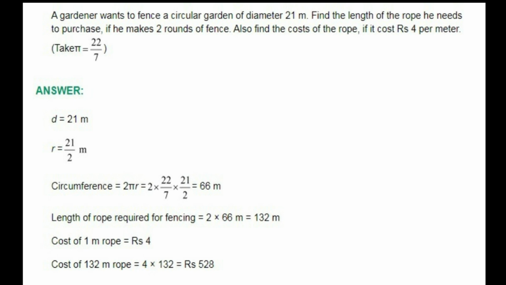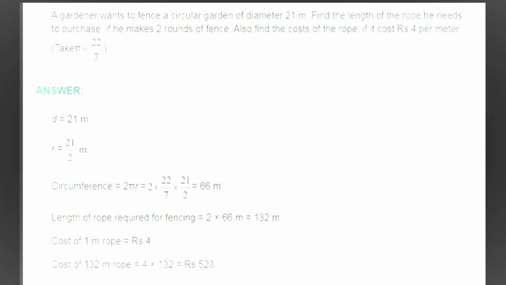So we write 2 into 66, which is 132 meter, and this is the total length of the rope that is required. Now the cost of 1 meter is given as rupees 4, and to find the cost of 132 meter, we multiply rupees 4 with 132. So the total cost is rupees 528.